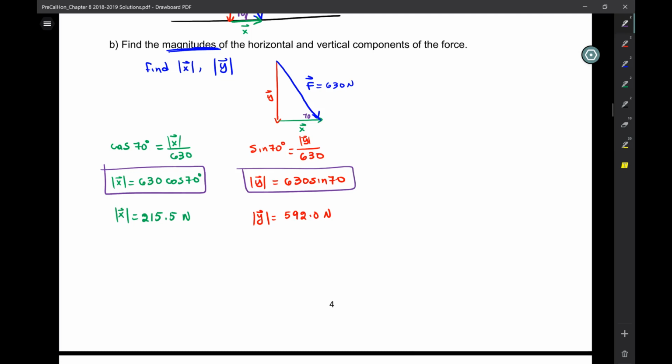So when you're looking for this component, it's going to be the vector times the cosine of the angle because it's the adjacent. And remember how the vertical was always the sine? The vertical is always going to be the vector times the sine of the angle. This is why I use that language in chapter 4.